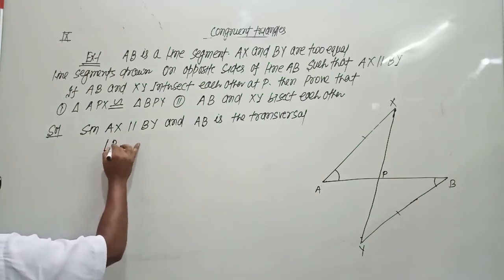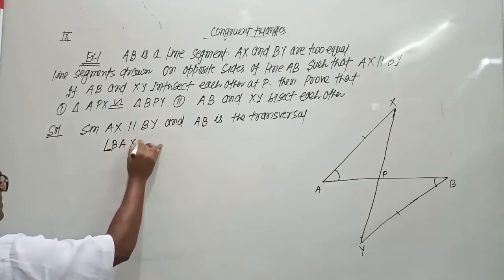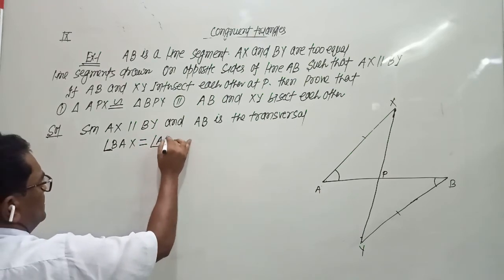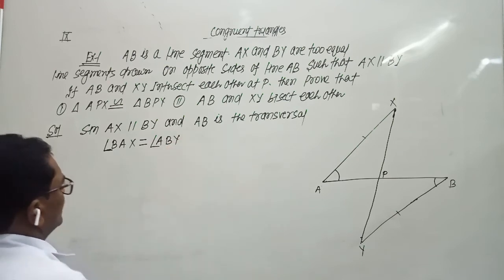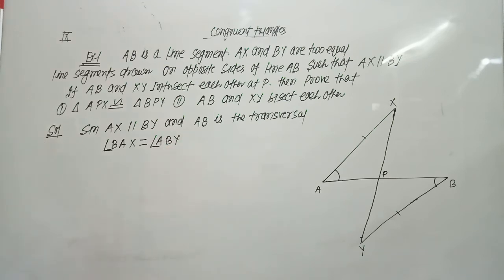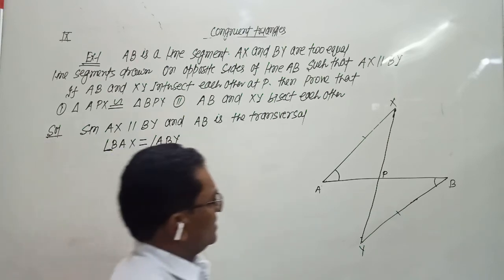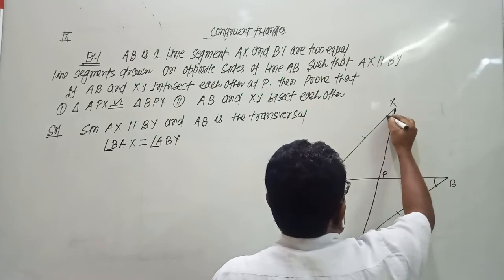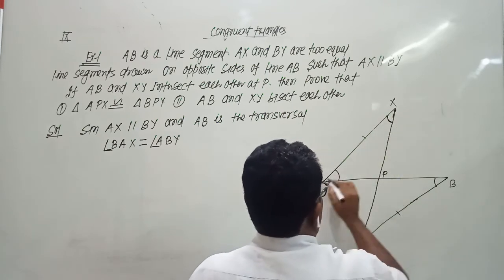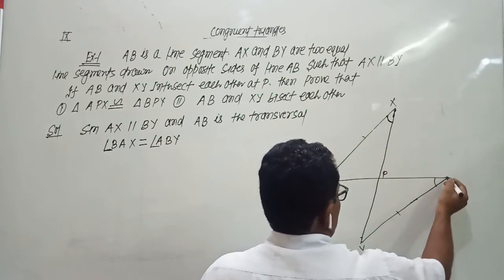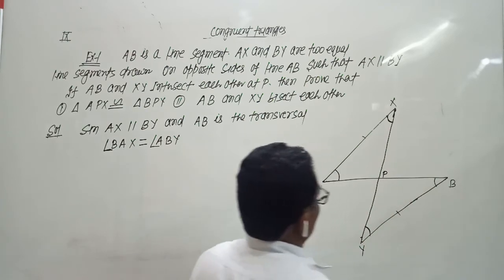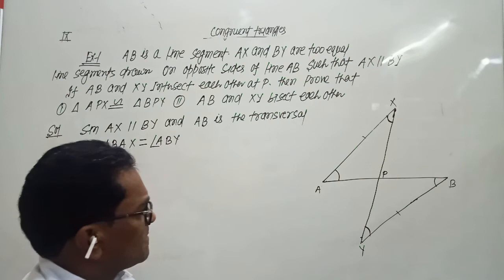So angle BAX equals angle ABY by the alternate angle theorem, and also angle AXY equals angle BYX. These are also alternate angles.